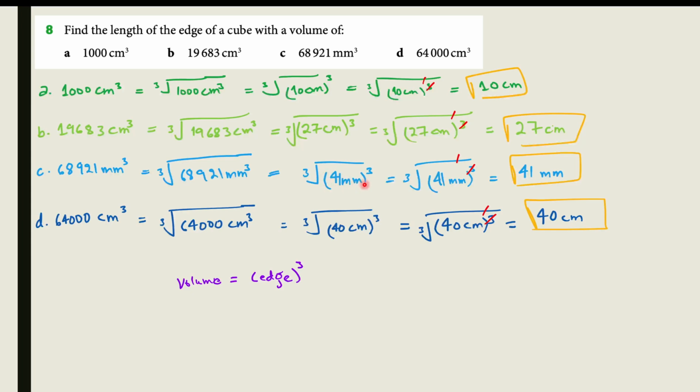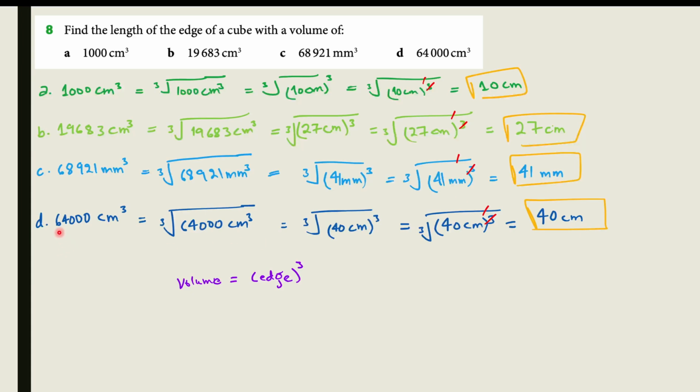So 41 millimeter whole cube, and then it is under the cube root. The cube and the cube root get cancelled because these are inverse operations. So we are left with 41 millimeter. So the length of the cube, which had the volume of 68,921, is 41 millimeter.